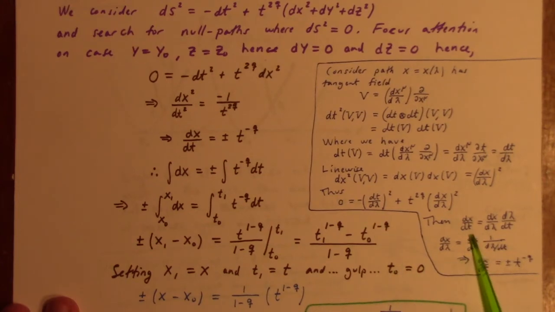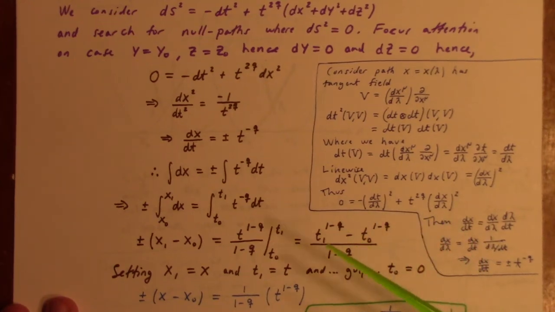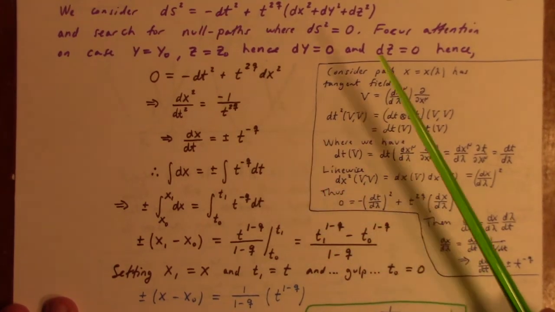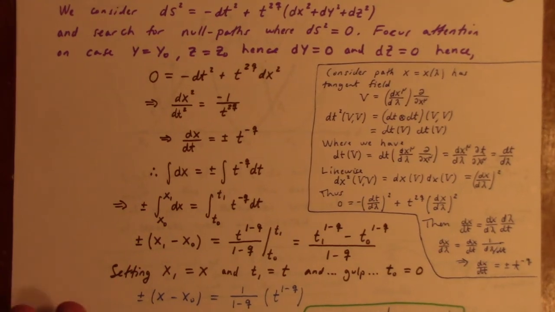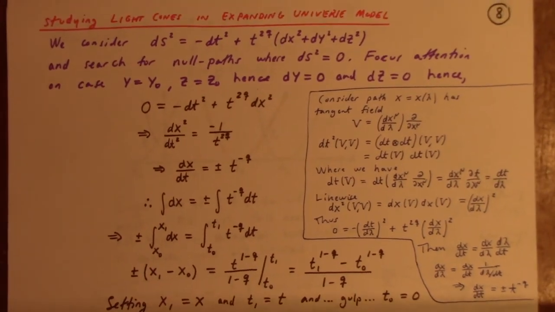And then if I solve that, but I also know that dx/dt times dt/d lambda and dx/d lambda are equal because of the chain rule, and as such, I end up again back where I started, which was dx/dt equal to plus or minus t to the minus q. All of this just to say that when you use this method of formal use of differentials, it often works out.